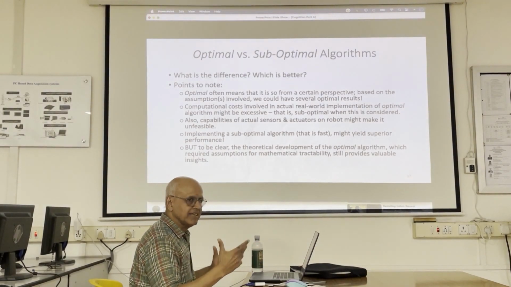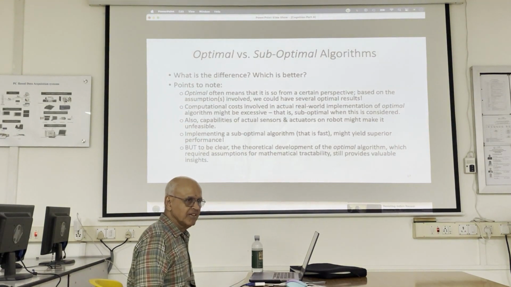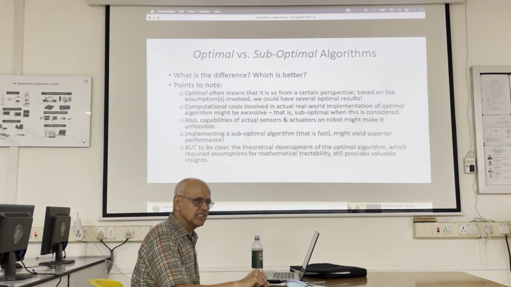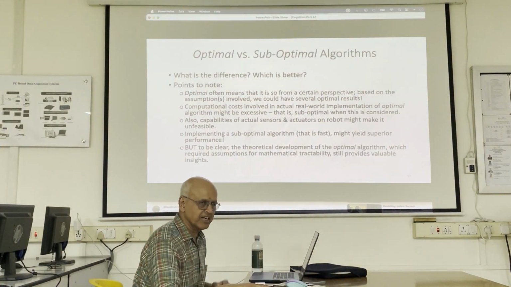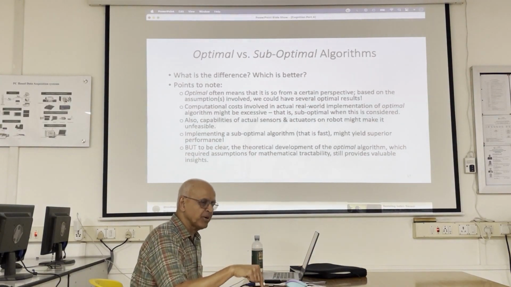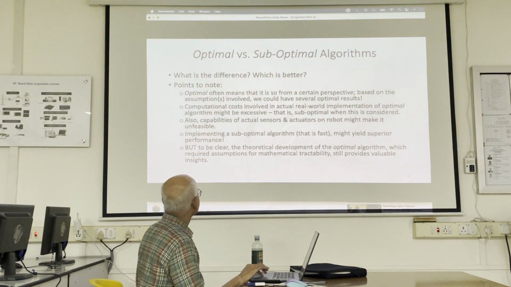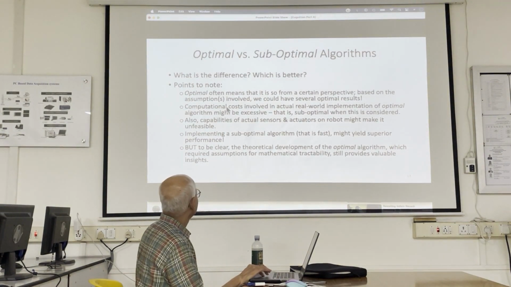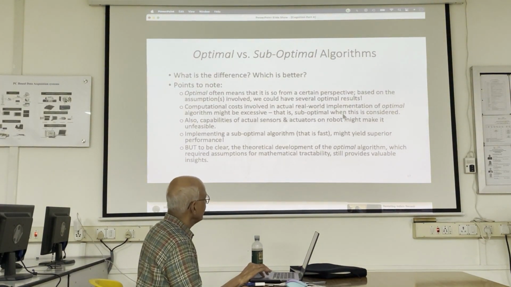Maybe it takes 10 minutes, and you have to sit and wait for the path plan to be delivered to you. That is a cost also, isn't it? So optimal in mathematics, in theory, 50 pages, somebody has derived this, doesn't mean that you can implement it like this. You have to put a cost on the practical implementation. The computation cost involved in actual real-world implementation might be excessive. That is suboptimal when this is considered.